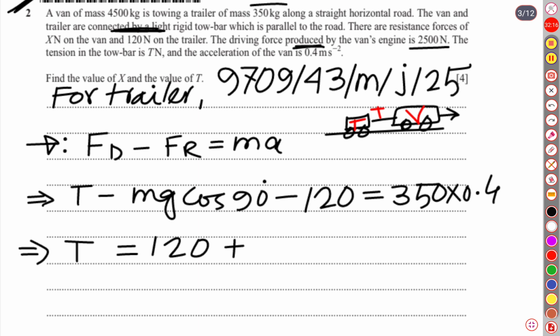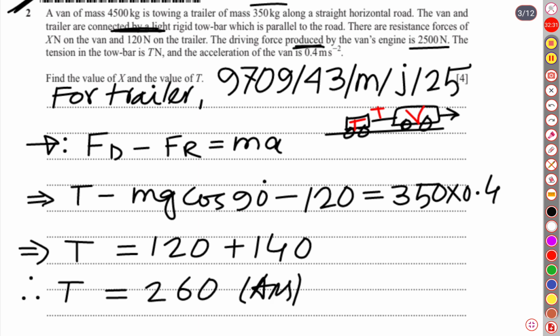If we multiply 350 by 0.4, it is going to be 140. Hence tension in the tow bar is going to be 260 Newton. That is the first part of the solution.